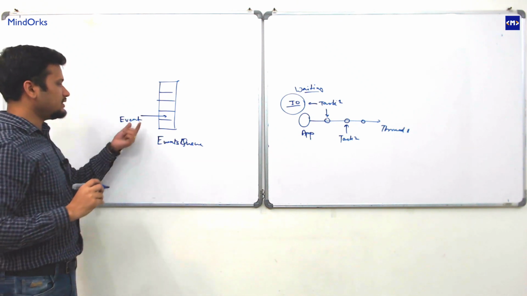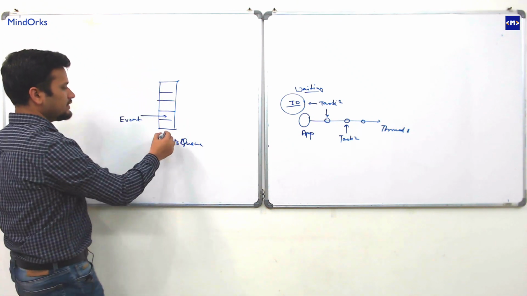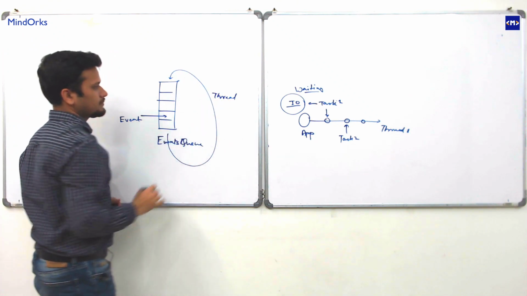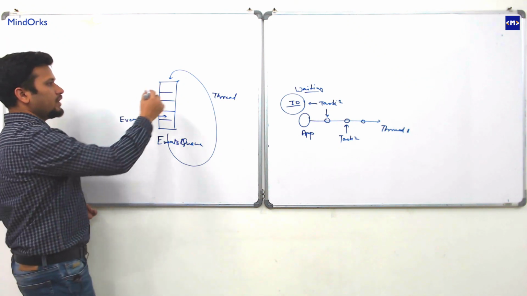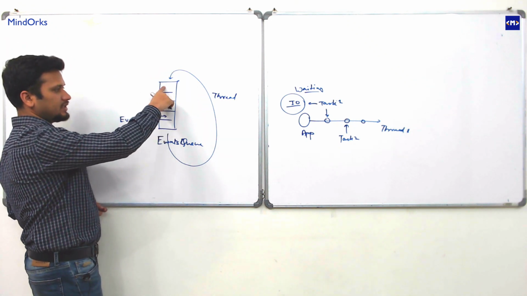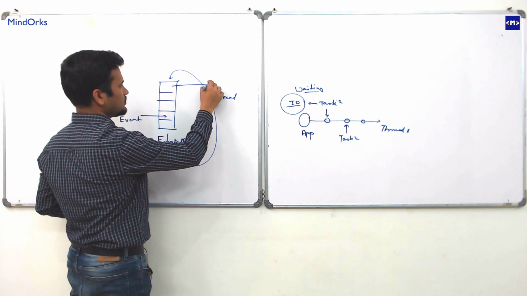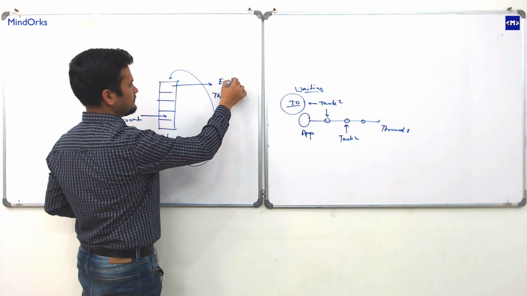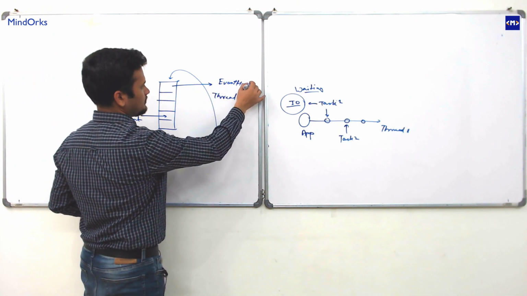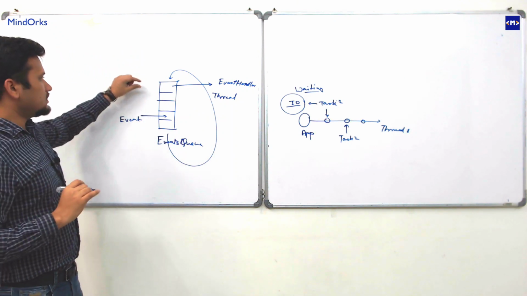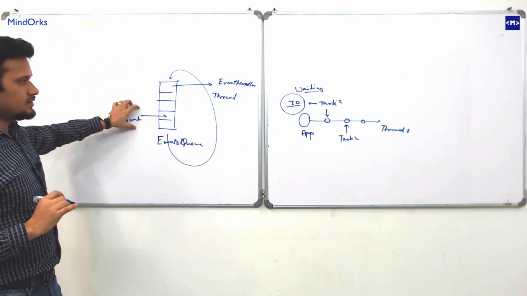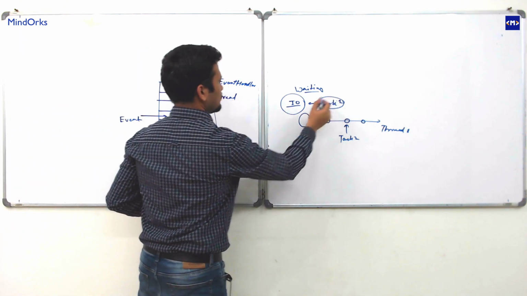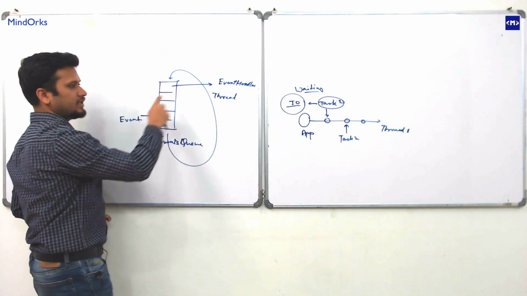So we'll have events included in this, and there will be one thread which will be looping through these events. It will take out an event and supply it to the corresponding event handler. So a task now consists of two parts, the event and the event handler.